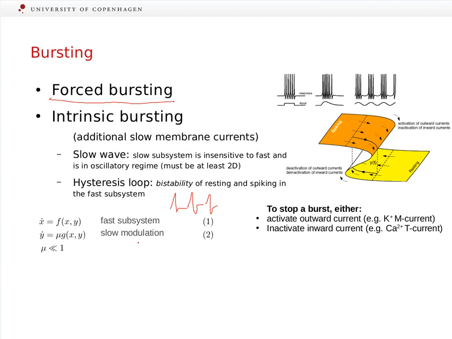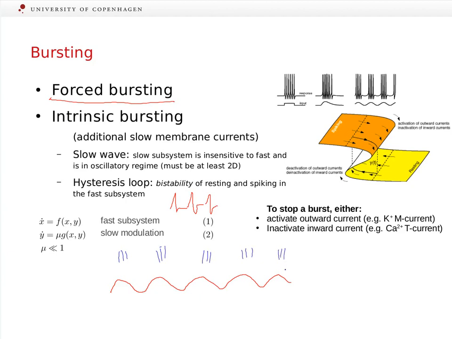For example, in a slow wave bursting, a slow subsystem is completely insensitive to the fast subsystem, and the slow subsystem dwells in some oscillatory regime, and thus it has to be at least two-dimensional. So the slow subsystem just undergoes oscillations, and then the fast subsystem produces spikes because it's driven through its corresponding bifurcations.